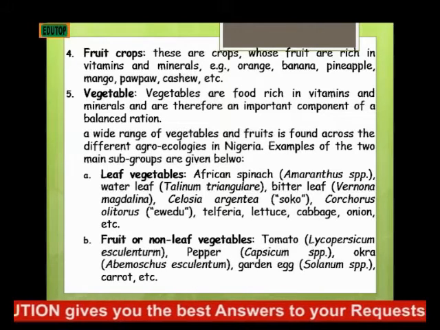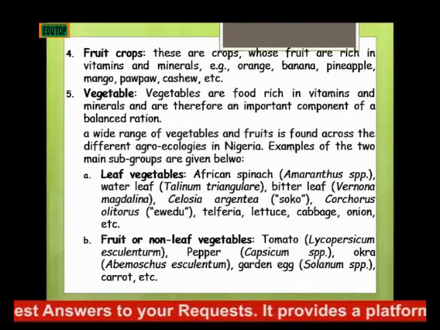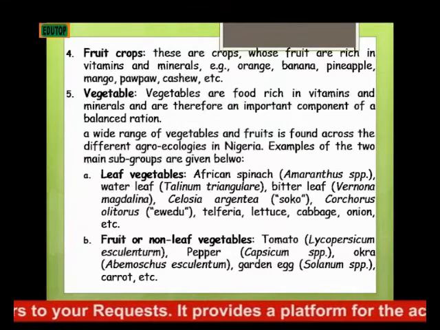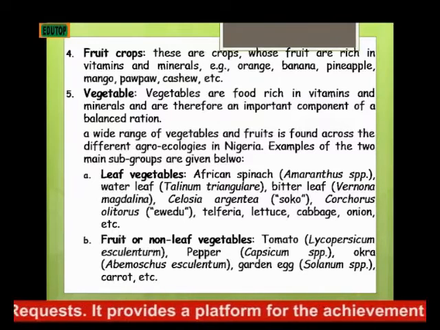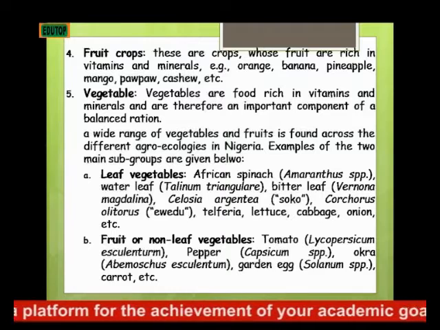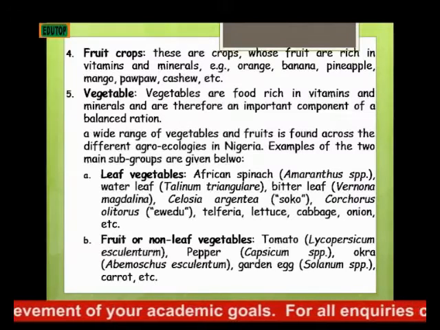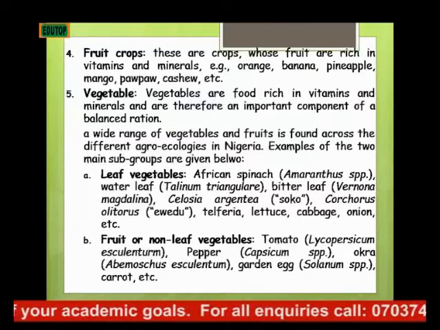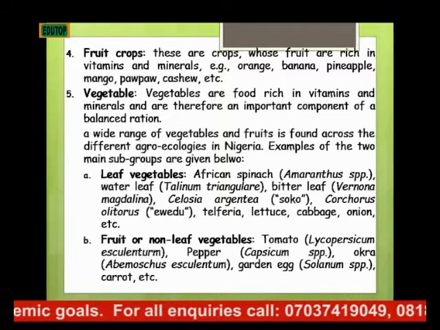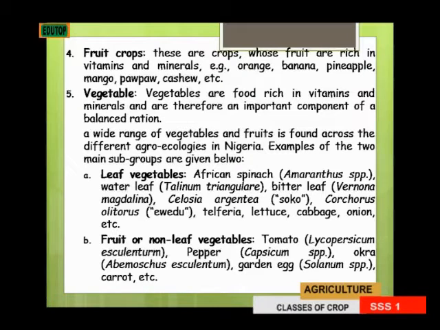Then the fifth one is vegetable. Vegetables are food crops rich in vitamins and minerals, and are therefore an important component of a balanced ration. A wide range of vegetables and fruits is found across different agroecologies in Nigeria. Examples of the two main subgroups are given below.